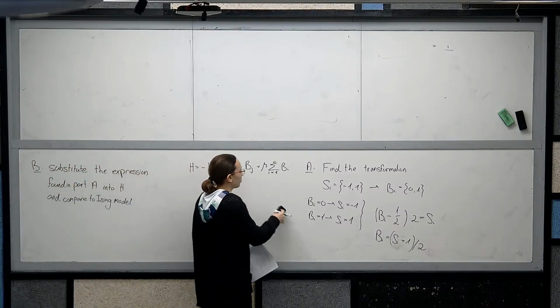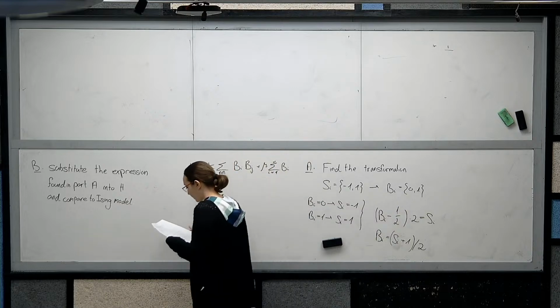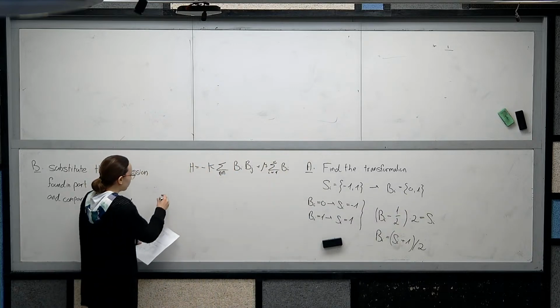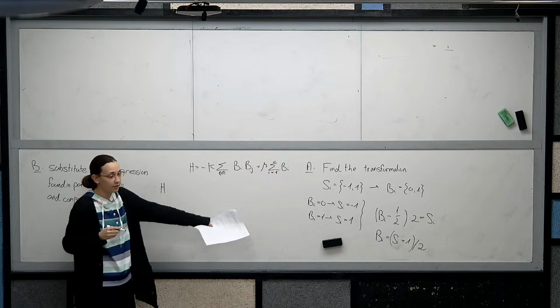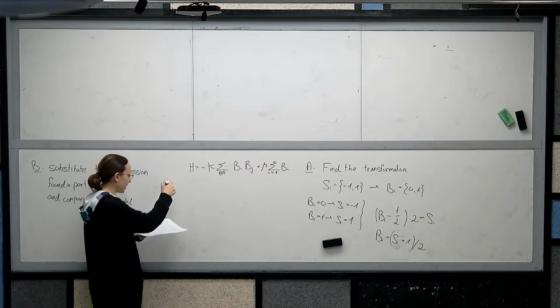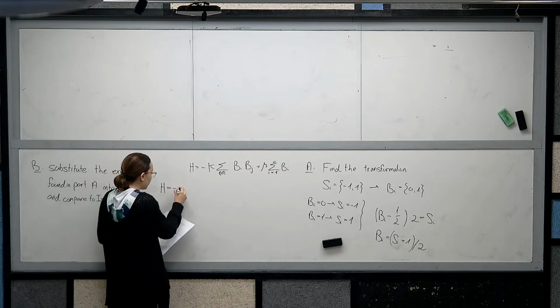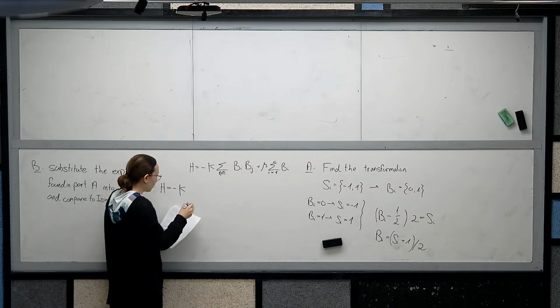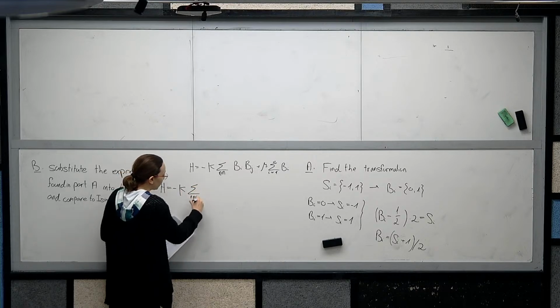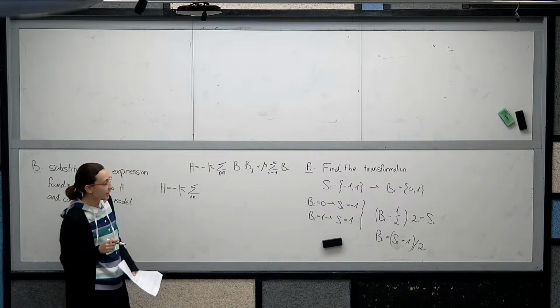Okay, so we have the Hamiltonian. We're starting with just taking this value and inserting it into Bi and Bj. So H equals -k, we have the summation on nearest neighbors, and then we have the Bi and the Bj.